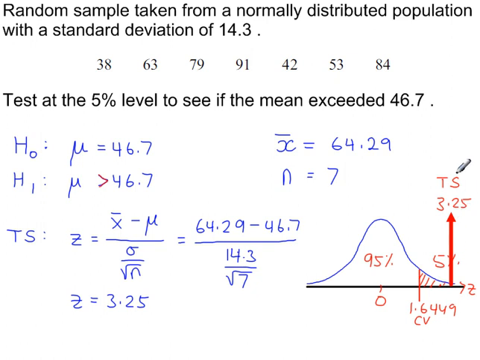And because the test statistic is in this shaded critical region, our conclusion will be: reject H0.